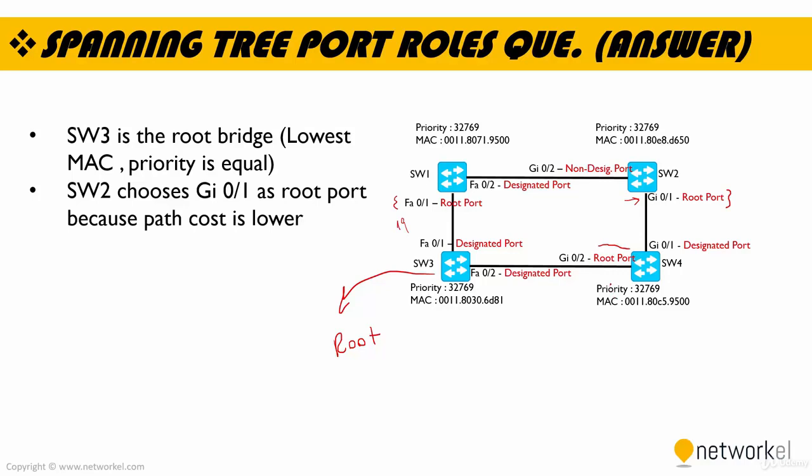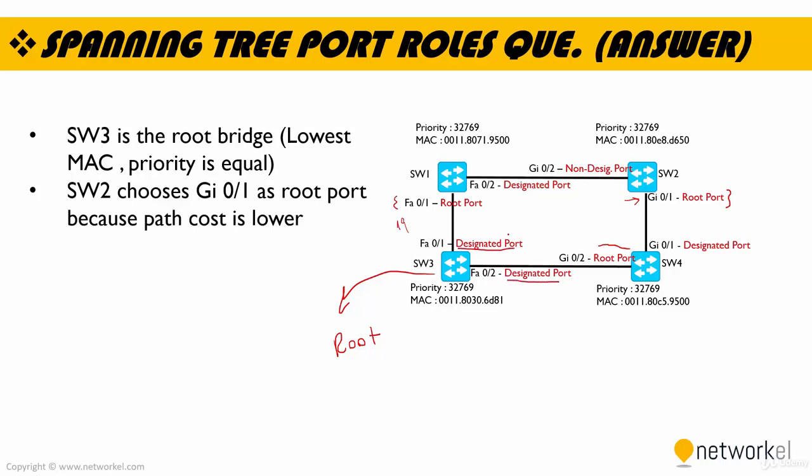Please keep in mind that for each segment I should have a designated port. And please keep in mind that my root bridge ports are always in the designated mode. So I'm going to my root switch and writing the port roles as designated.